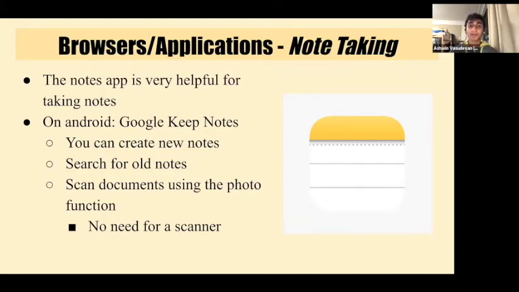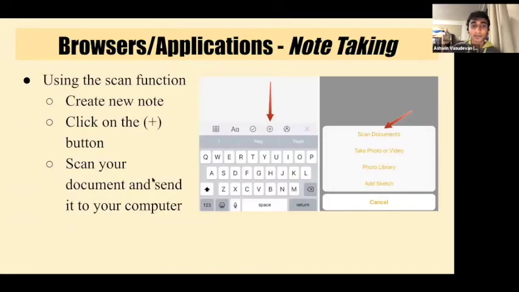Through this app, you can create new notes and search for old notes, and the main feature I use this app for, other than making lists, is to scan documents. Now you don't need a physical scanning machine where you put papers in and scan them. Instead, you can use the app and the photo function. I think I explain it more on this slide.